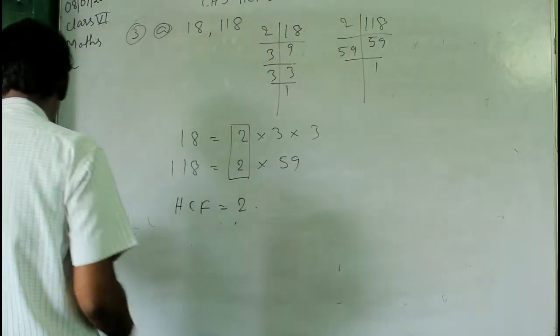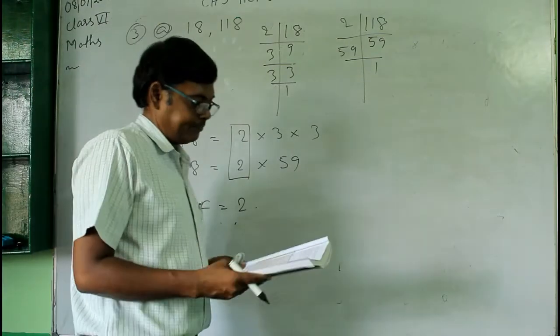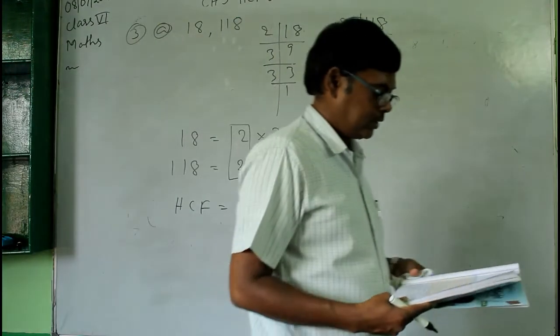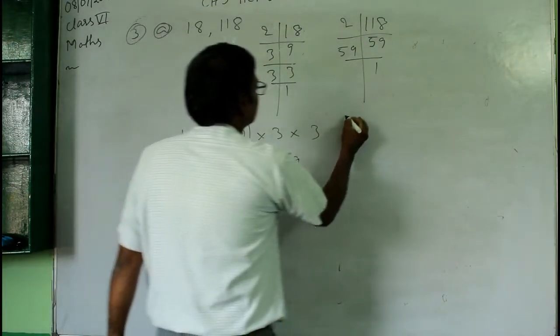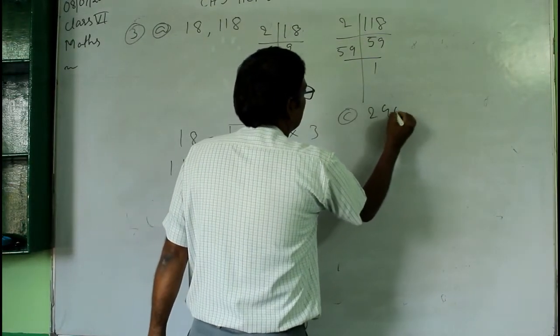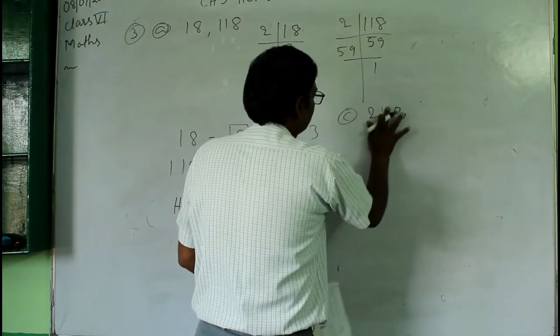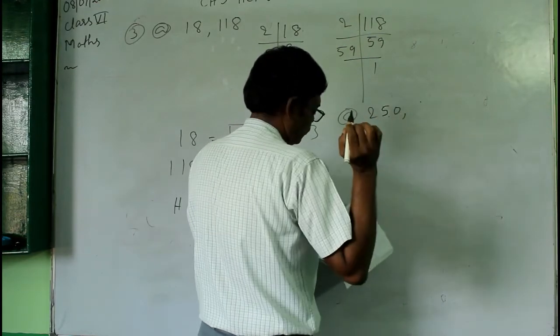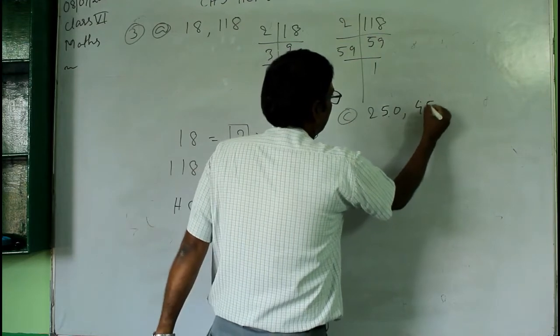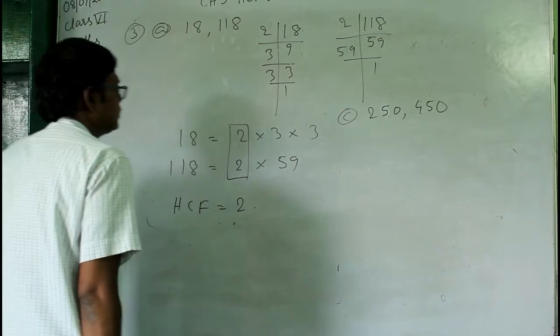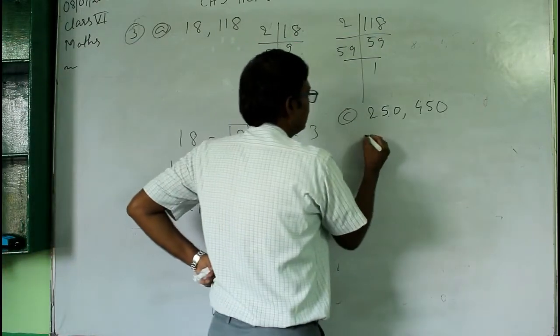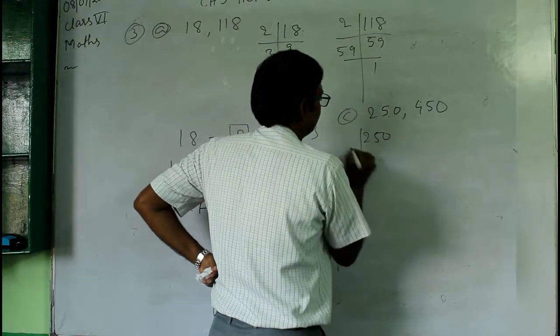And next question number C: 250 and 450. We have to find the HCF of these numbers. So first factorize 250.